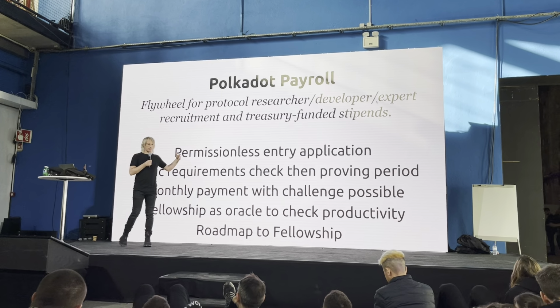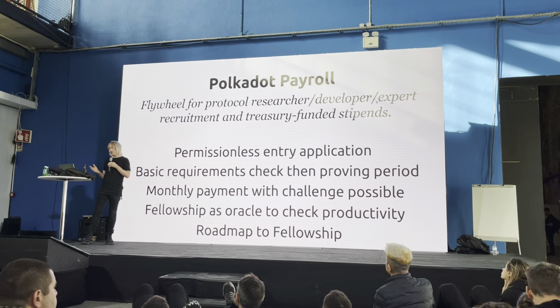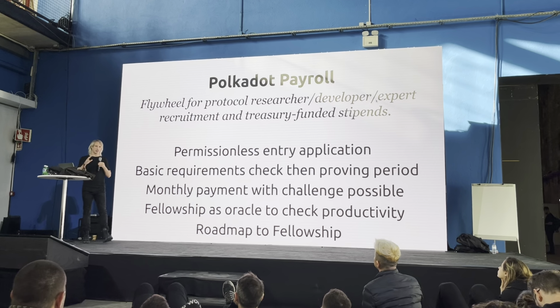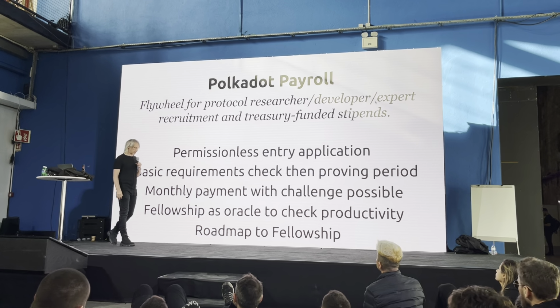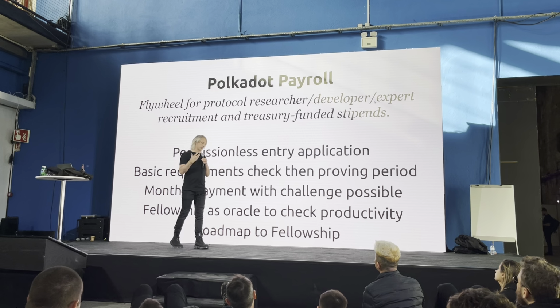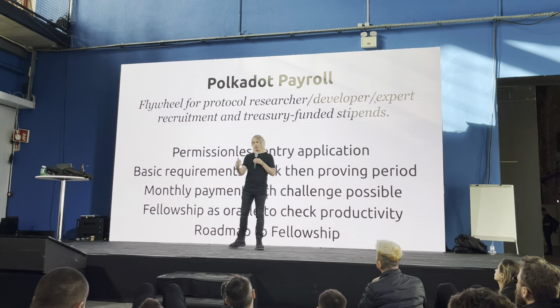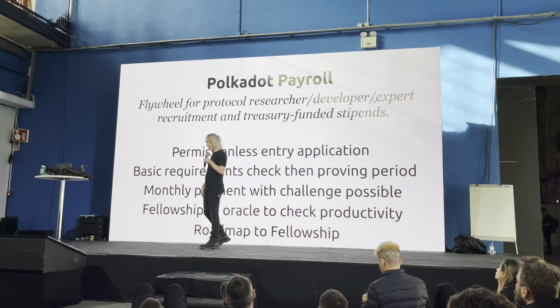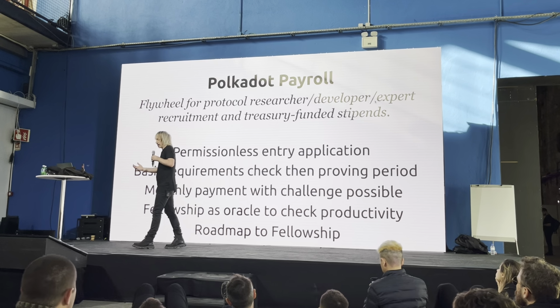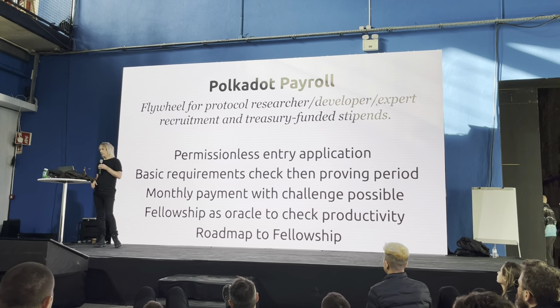Think of this as the Polkadot civil service. Essentially a broad on-ramp, right? A way of trying to recognize valuable contributions, like when someone is doing consistent valuable contributions, and ensure that they have consistent income from it.